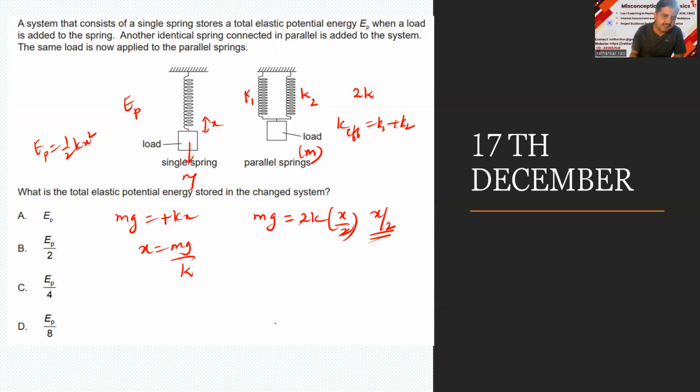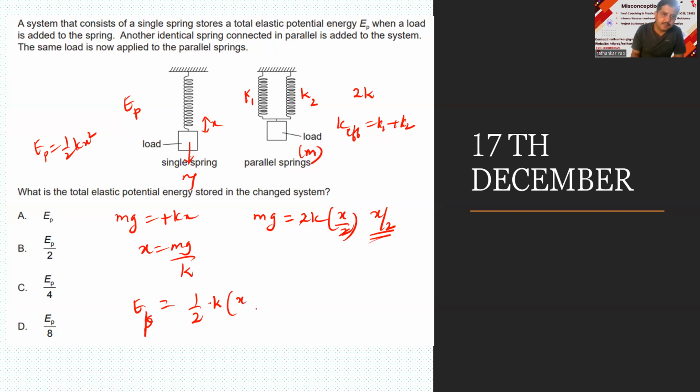Okay. Now, based on this, let us find out the potential energy of the spring, which will now be equal to half into. Now, I have potential energy due to this, potential energy due to this. So, therefore, half k and the extension, what is the extension? It is not x.